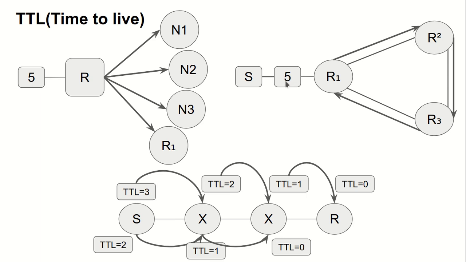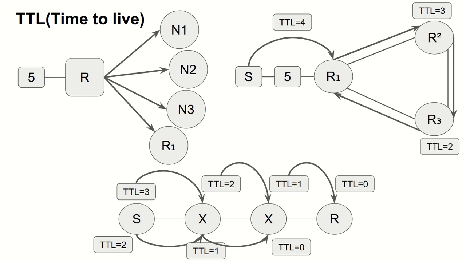So it jumped from the sender to the router. Now the TTL will be equal to 4. After that let's jump again from router 1 to router 2, and now the TTL value is equal to 3. After that let's jump again from router 2 to router 3, and this time the TTL is equal to 2.